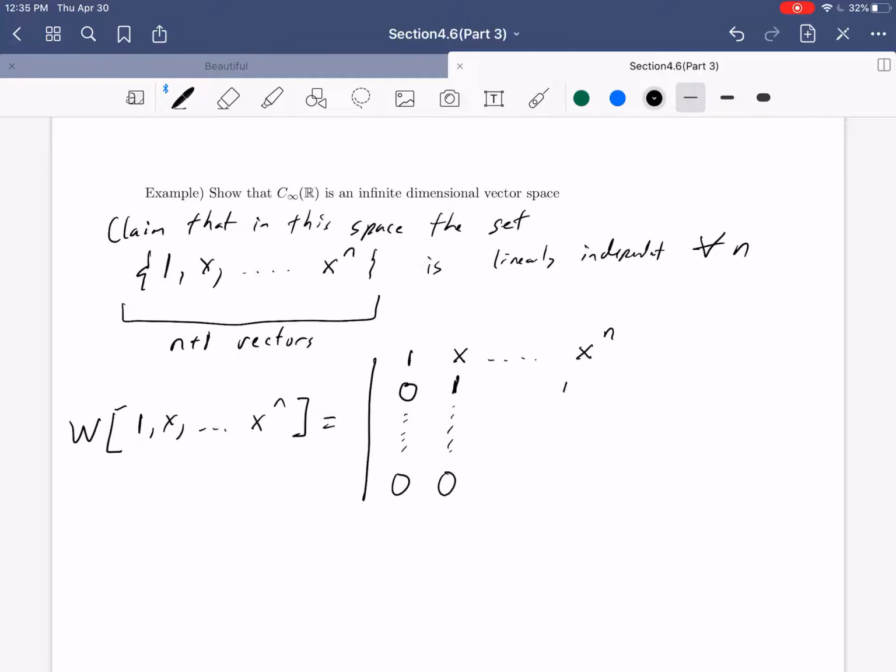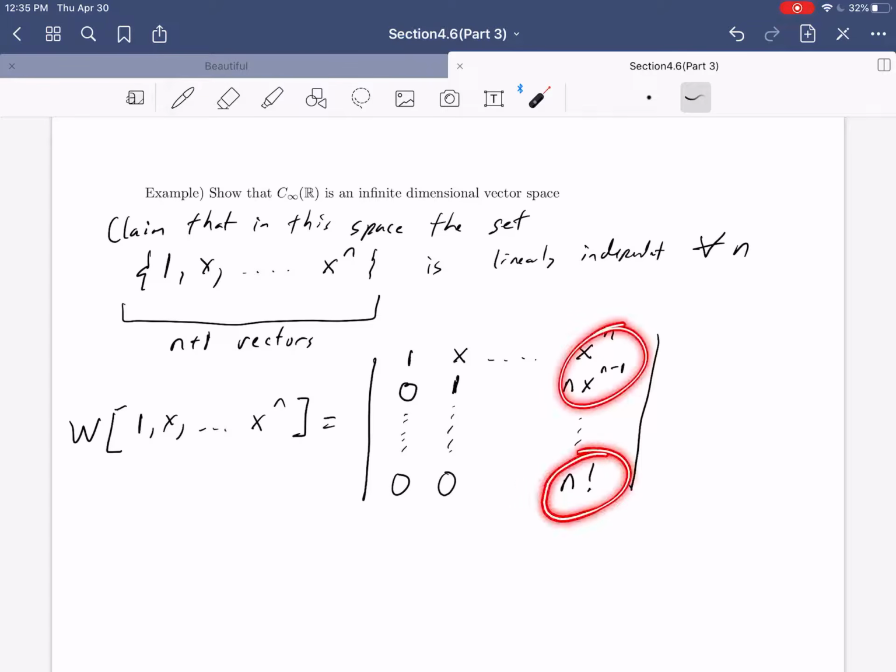And then here would be something like nx to the n minus 1. And if you continue doing that, you'd keep taking derivatives, and it shouldn't be too hard to realize that this would come out as n factorial. Because if you keep taking derivatives, eventually when you get down to here, you've taken all the derivatives and you've gotten down to n factorial.